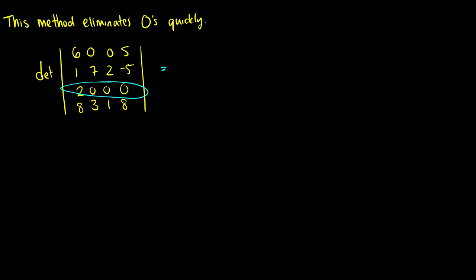So this is going to be, we'll call this, A31 times C31 plus A32 times C32 plus A33 times C33 plus A34 times C34. So that's cofactor expansion across the third row. C31, this is going to be 2.